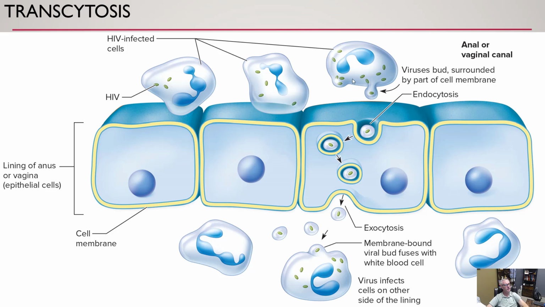So HIV attaches, it goes endocytosis, actually receptor-mediated endocytosis, and then it goes into the cell, and then exocytosis by ATP. It's an active process, and then it can attach to your white blood cells and replicate from there.